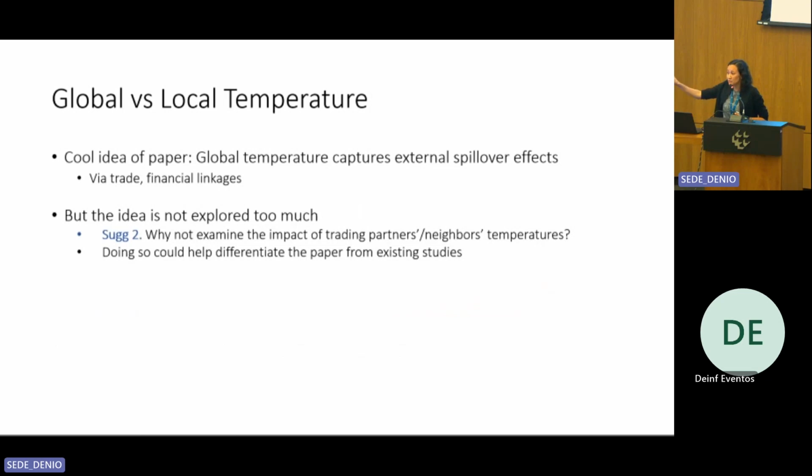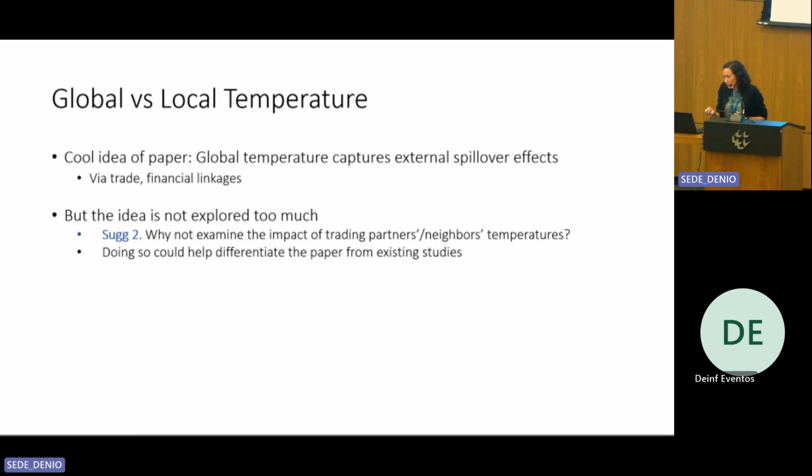Is the average temperature of its trading partners the reason why Brazil is going to be more or less affected? Do the neighbors of the region matter? Try to go further with this measure of global temperature to understand why global temperature affects a country's GDP differently from the idiosyncratic temperature.